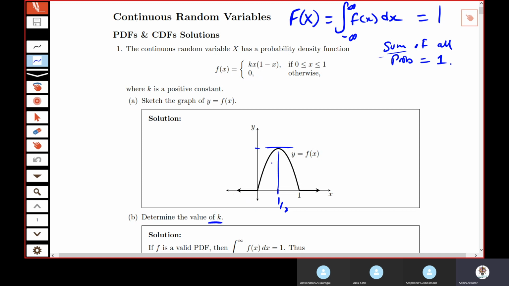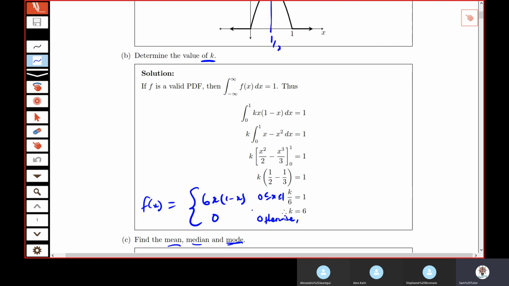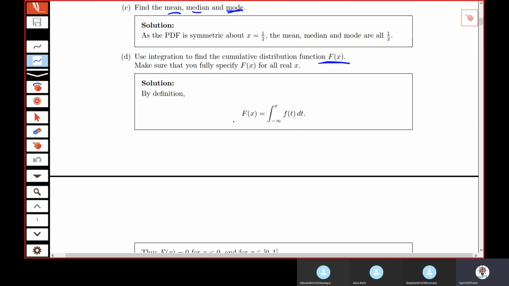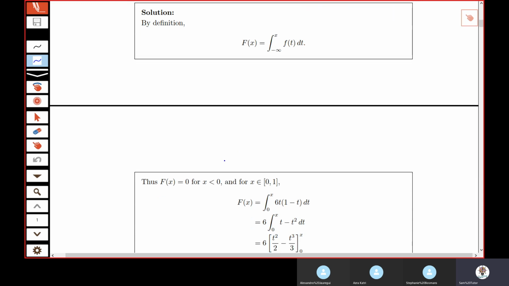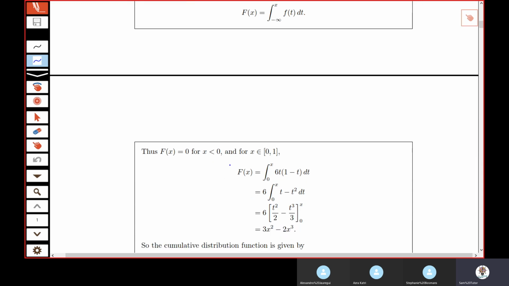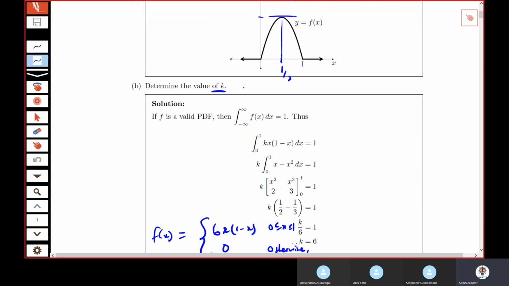So hopefully, with this basic example, I've cleared up every question. Thus, for f of x, your f of x equals 0 for x less than 0. I didn't bother writing it, but I thought you guys would already know that at the bottom here it's 0.